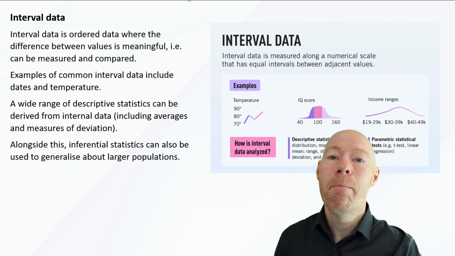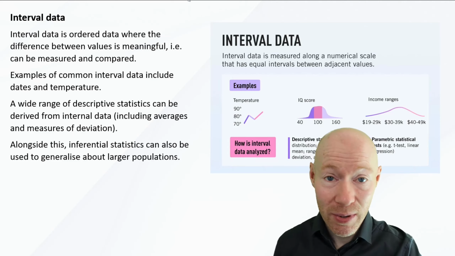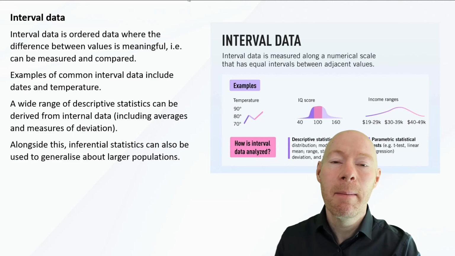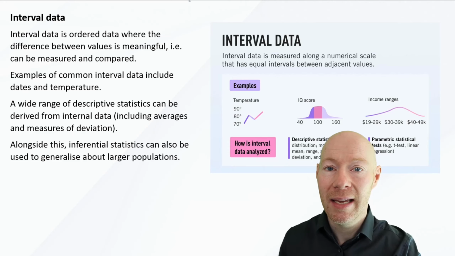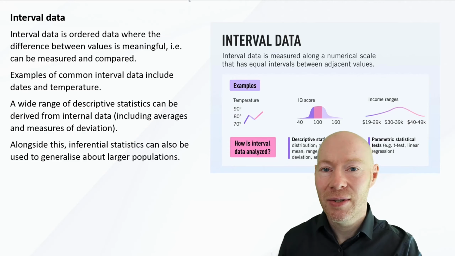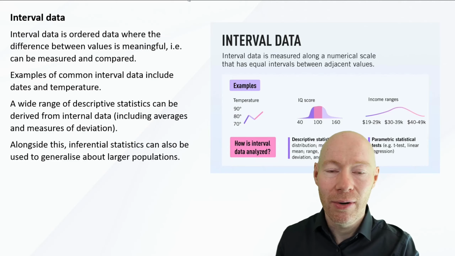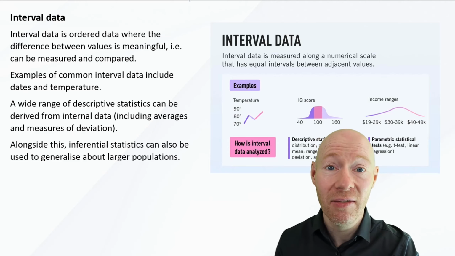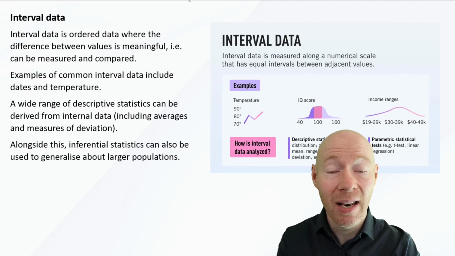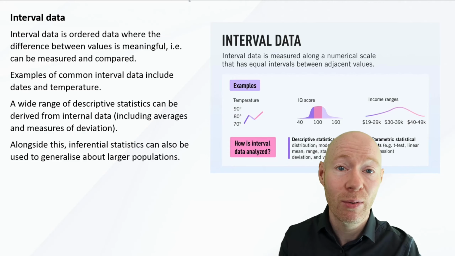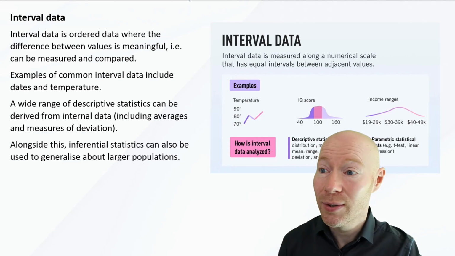Interval data then builds upon this. In terms of interval data, it's the same. We have a ranked sequence, except now it is meaningful to talk about the distance between individual values. And that lets us compare and measure those differences. A couple of examples of this would be dates, where we can meaningfully talk about how much time elapsed between them, or things like temperature, where we can meaningfully talk about the difference between two different temperature values.